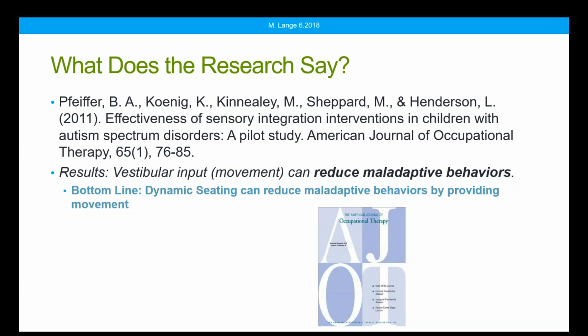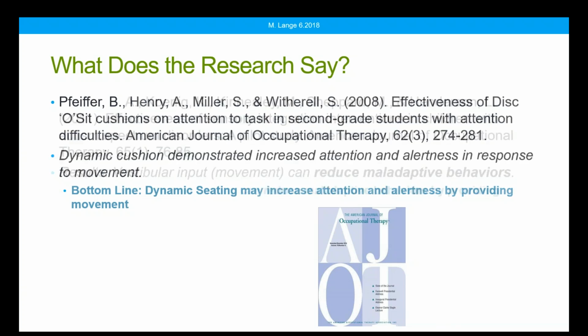But this study did show that vestibular input movement can reduce maladaptive behaviors. So we can extrapolate that dynamic seating, since it provides movement, can reduce maladaptive behaviors by providing that movement. We also know from other studies that this movement can also, again, reduce agitation and increase alertness.